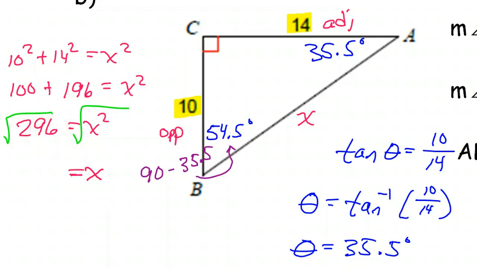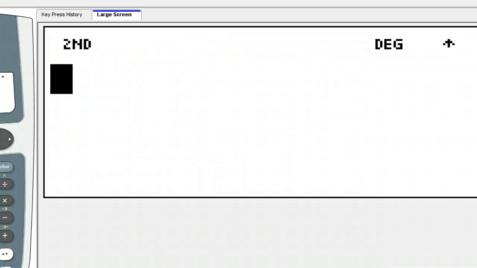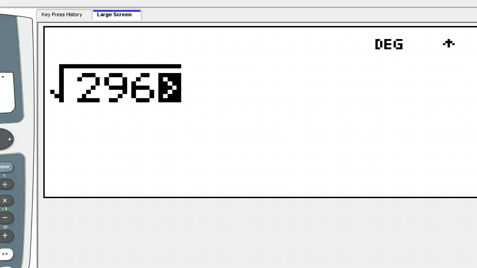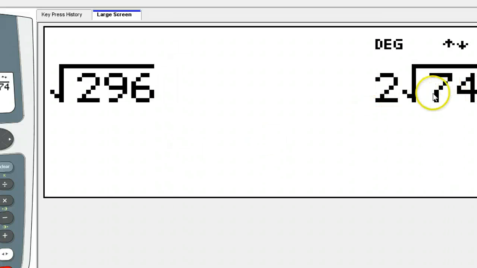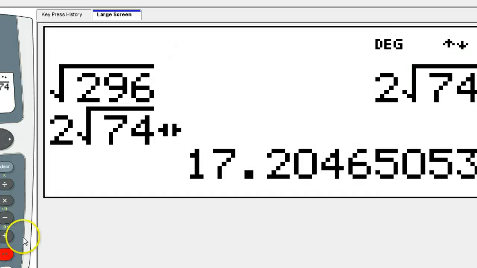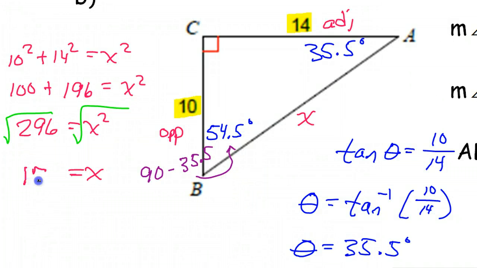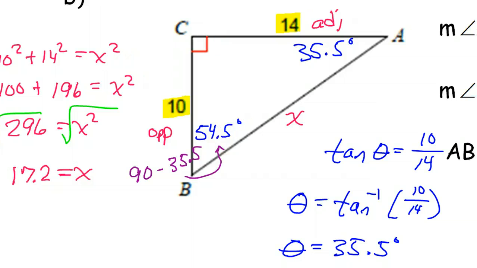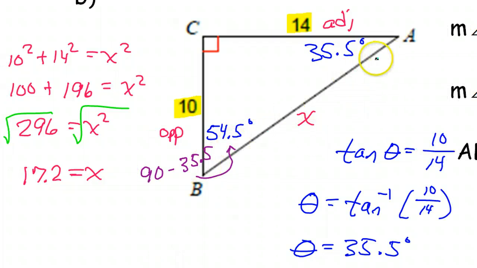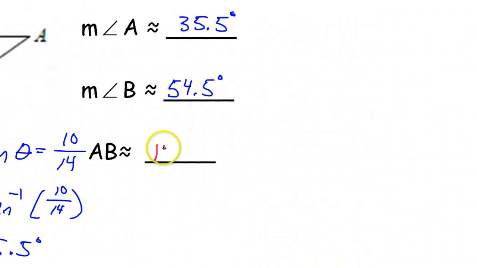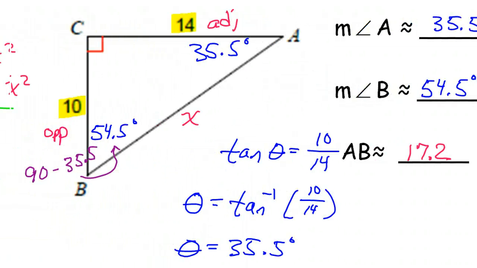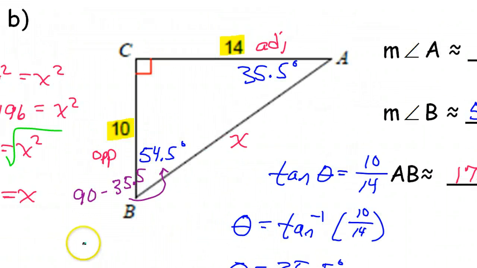So the square root of 296 is the bottom line. Interesting, 2 radical 74, but we seem to be doing decimals, so we'll toggle that out. 17.2. So that is AB that we just solved for, and that is it for problem number 1, part B.